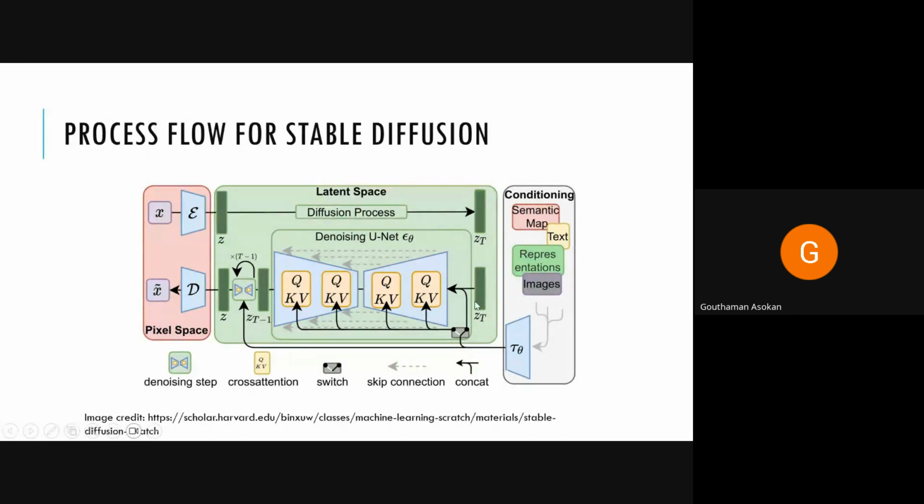Here you can see that the text conditioning is done with the help of this, where we can condition it on anything that we like, for example, the semantic map. For example, let's say we just give a segmentation image and we want to create an image.